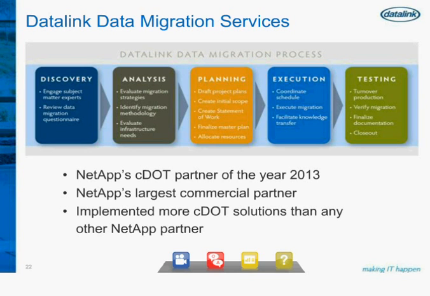It's something that we consider to be very critical for our customers going forward. We are NetApp's largest commercial partner worldwide. This is critical in terms of our expertise and the relevance that we have with NetApp. So we participate in all relevant beta programs and early access programs, so that we can provide capabilities to end customers the moment that they're available from NetApp.